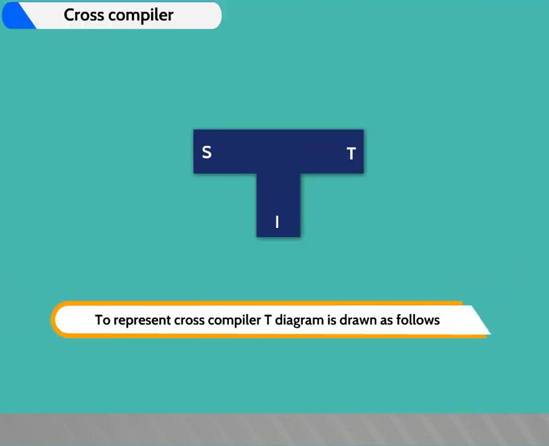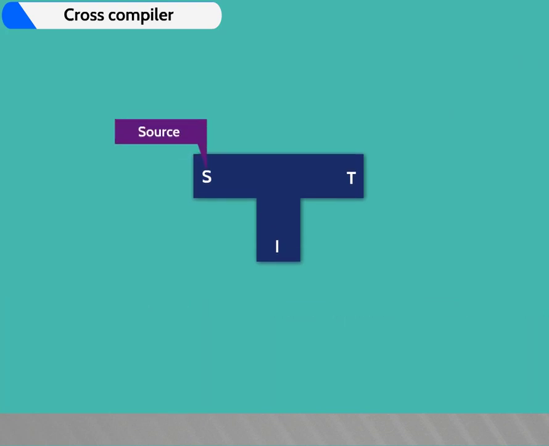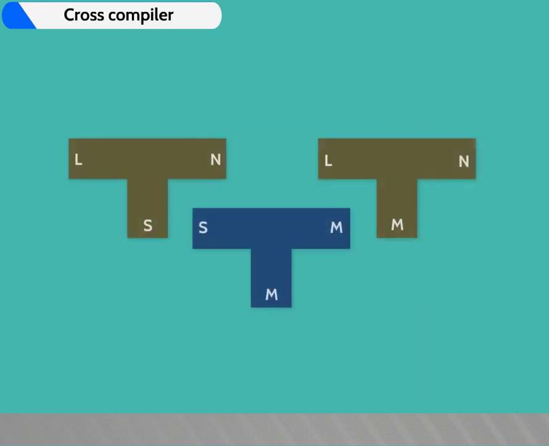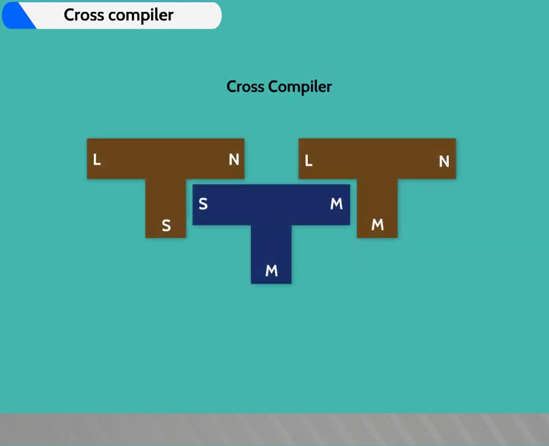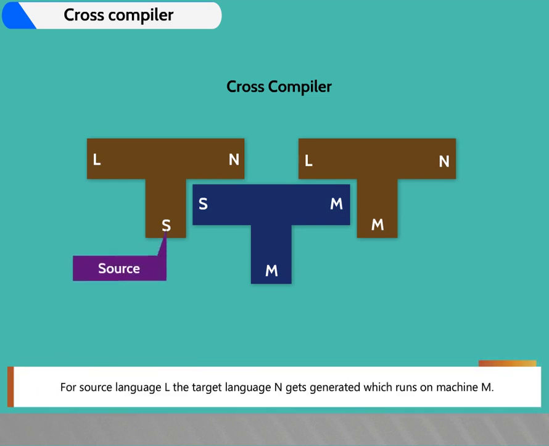To represent a cross-compiler, a T diagram is drawn as follows. A T diagram with S as source, T as target, and I as implementation. Cross-compiler: for source language L, the target language N gets generated, which runs on machine M.